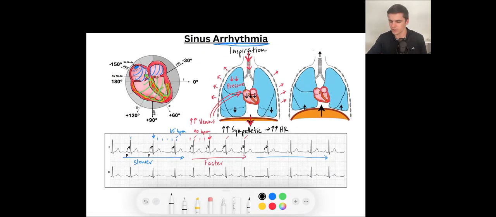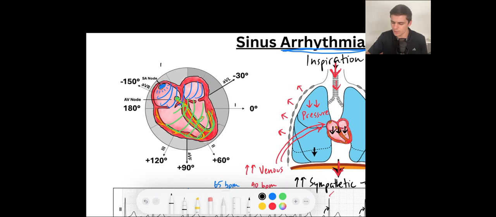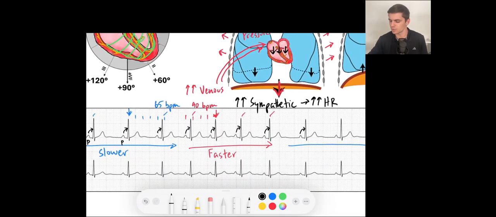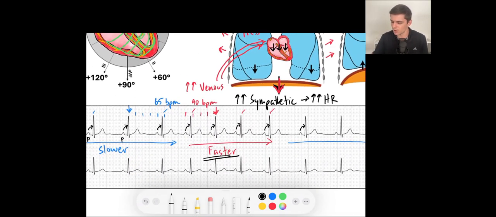Now, something that I didn't mention earlier is that the sinus node is heavily impacted by the autonomic nervous system. So that sinus node gets that increase in sympathetic innervation and brings the heart rate up a little bit higher. And so that's where you see faster heart rates with inspiration.